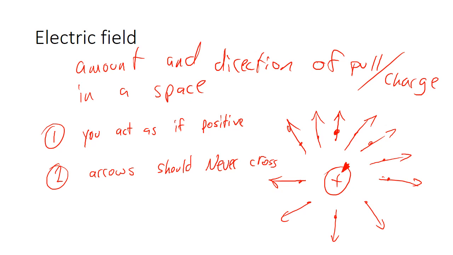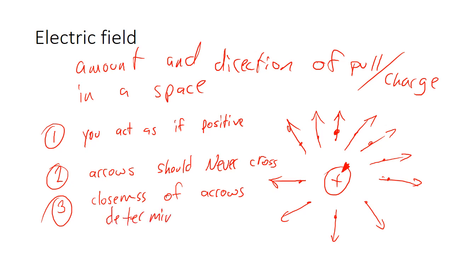So the third rule is that the closeness of arrows determines strength. Alright, so here's what we mean by this.